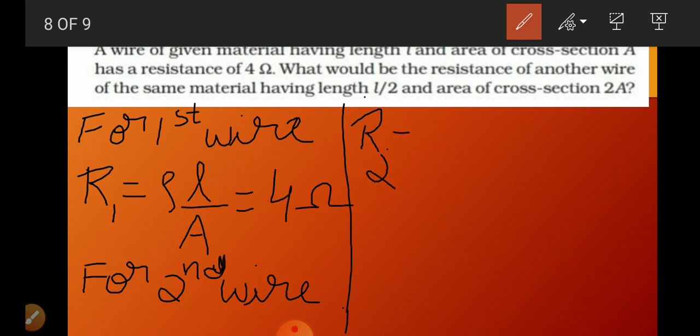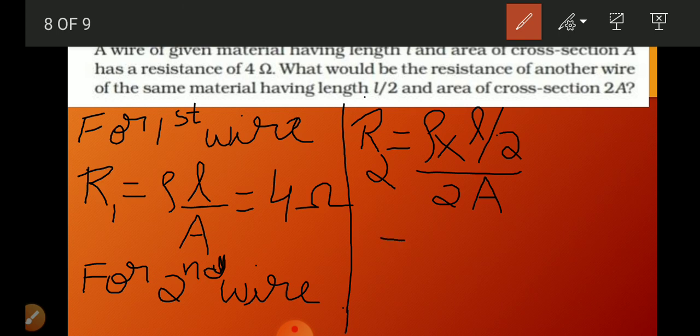They have told the formula rho into length is L divided by 2 and area is 2 into area.